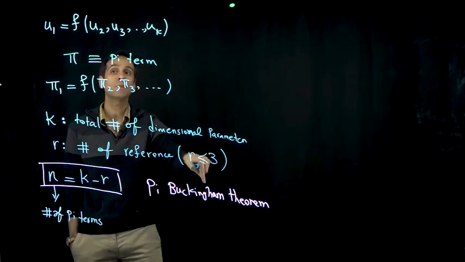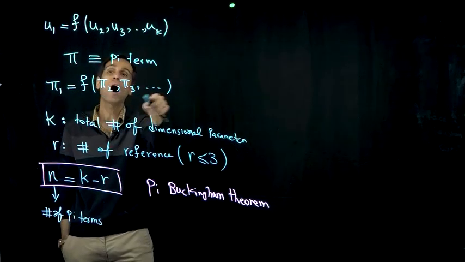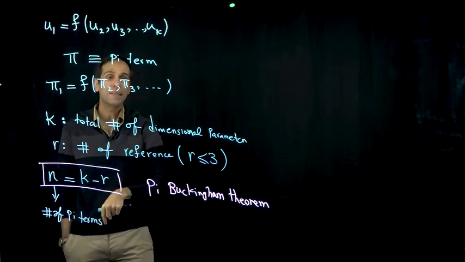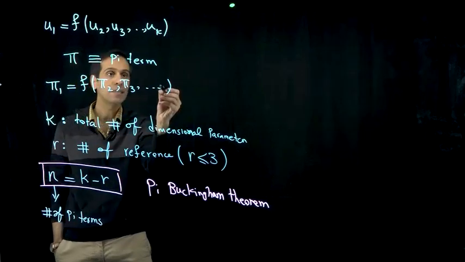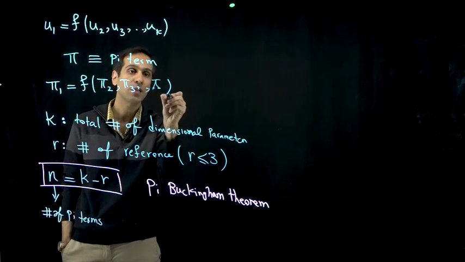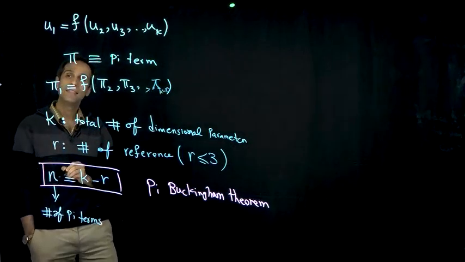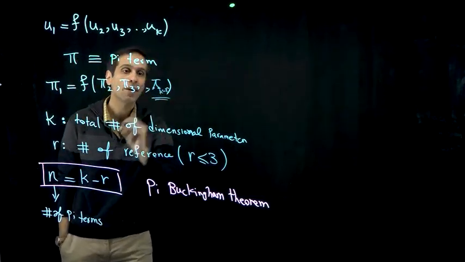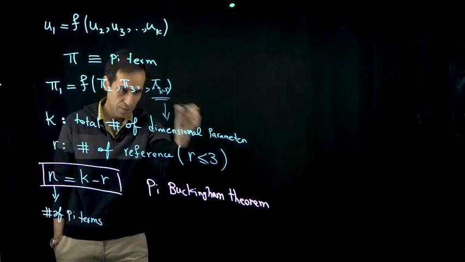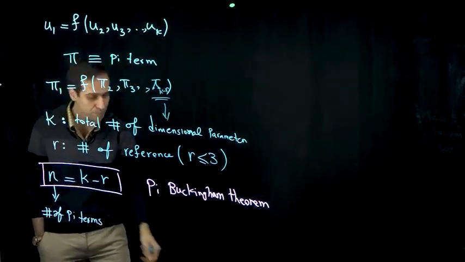The only responsibility of this theorem is the number of involved pi terms in the problem. Therefore, the last one here should be pi, and the subscript or index is k minus R. This is what the pi Buckingham theorem can tell us.